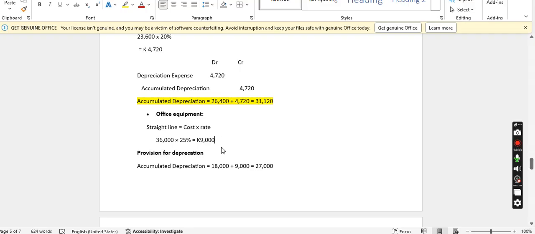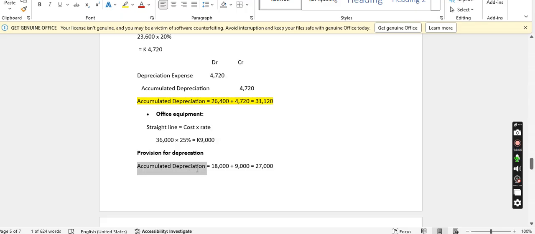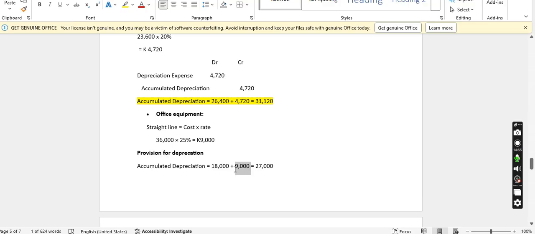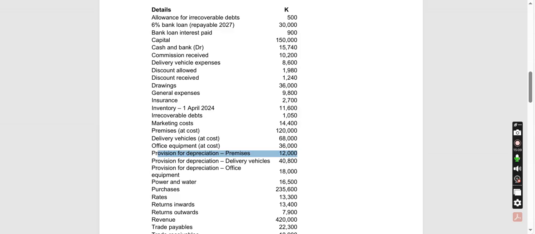So in the income statement, you're going to find this 9,000 as depreciation expense. Then the accumulated depreciation, remember originally for office equipment it was 18,000 from the information in the question. We're adding this 9,000 which we just calculated. 18,000 plus 9,000, that is 27,000 kwacha. That is for the depreciation.